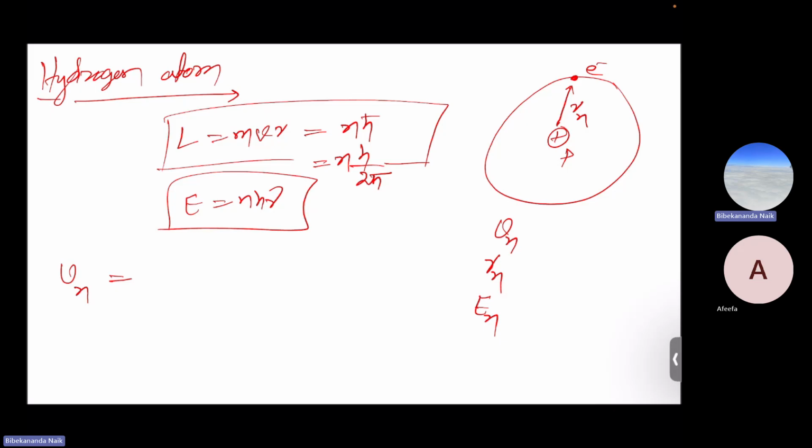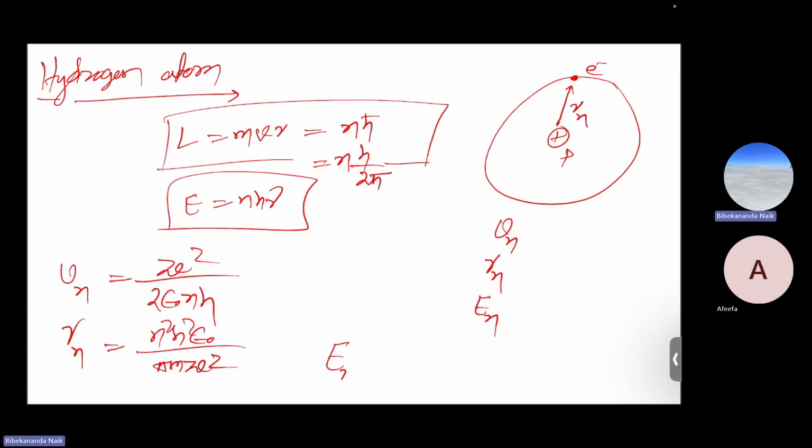So the velocity of the electron was Ze square by 2 epsilon 0 nh, and the radius of the orbit was n square h square epsilon 0 by pi m Ze square, and then the energy of the electron in the nth orbit was m e fourth Z square divided by n square h square epsilon 0 square.